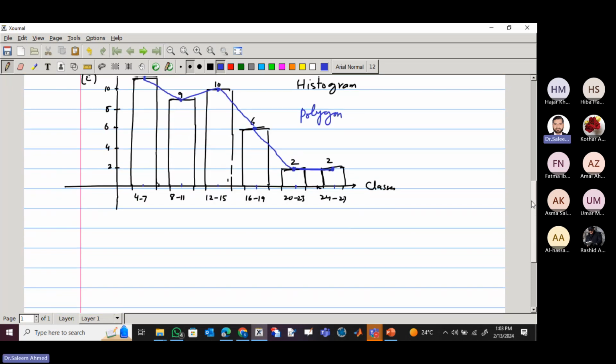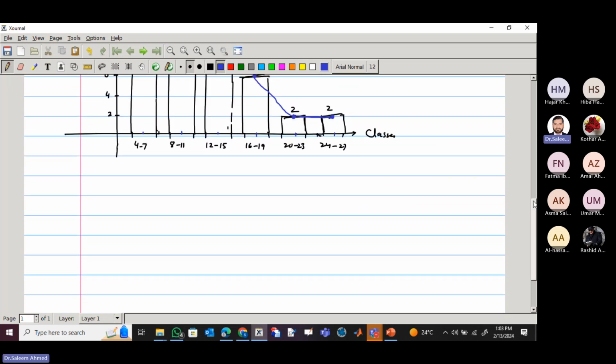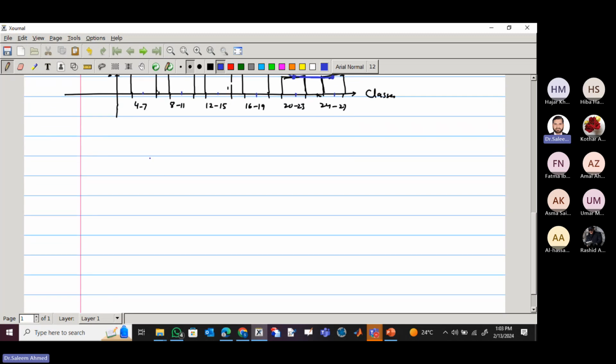And then ogive. Ogive is cumulative frequency. So again, if you make two lines, again, make frequency 2, 4, no, now the total is 40. Now the total cumulative frequency, the highest, is 40.